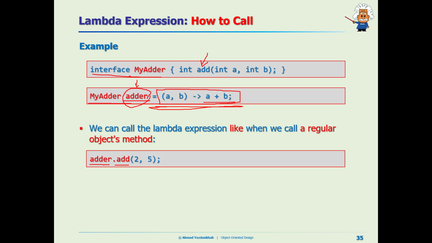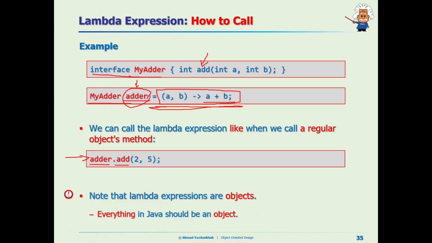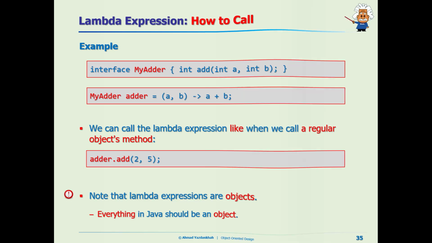So we learned how to call a lambda expression. All right, here I explained that with a lambda expression, everything actually should be an object in Java. Now here we want to compare lambda expressions and anonymous classes.